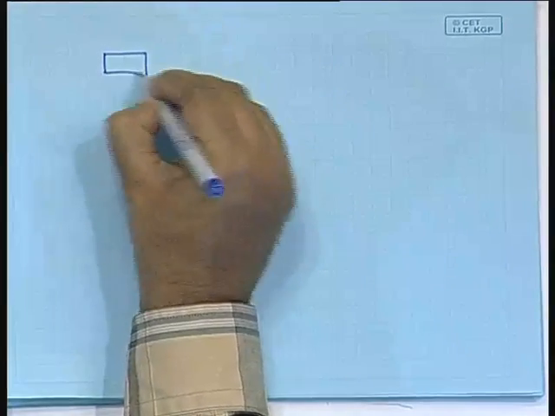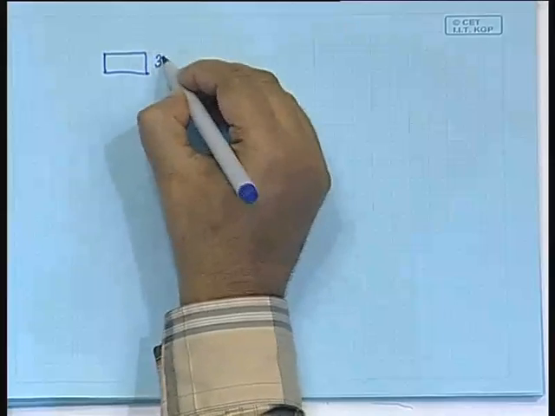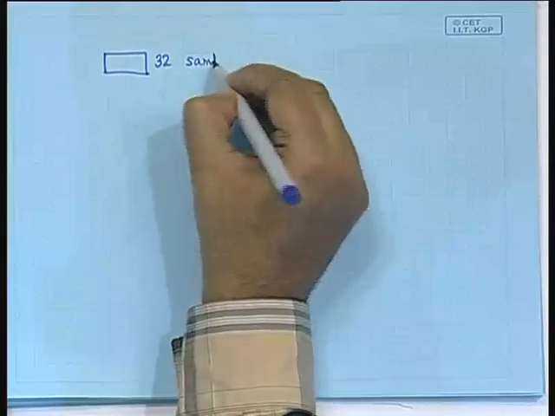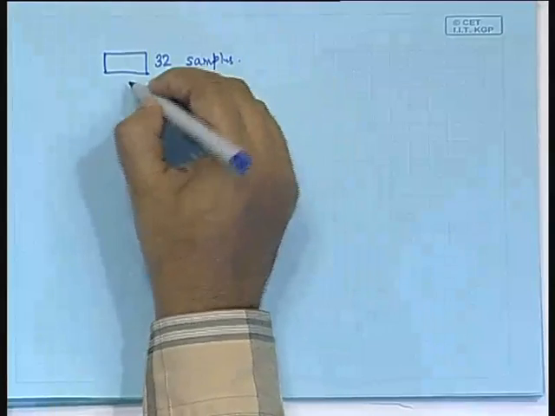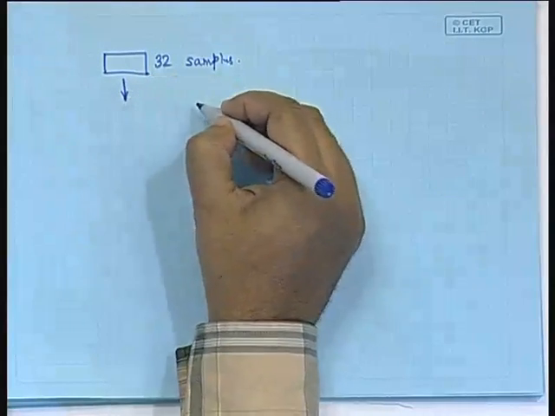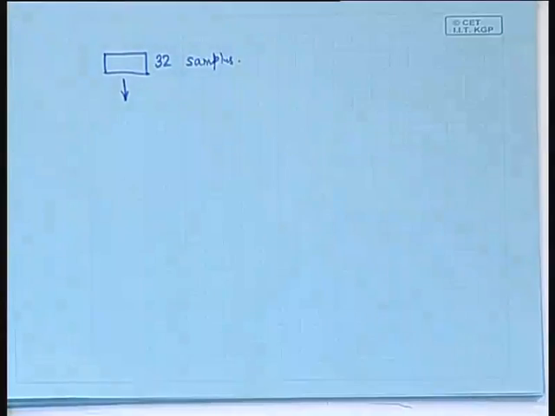So, in the MPEG audio what we have is that we take an input of 32 samples, these are in the time domain. Okay. Now, these 32 samples, where will they go?